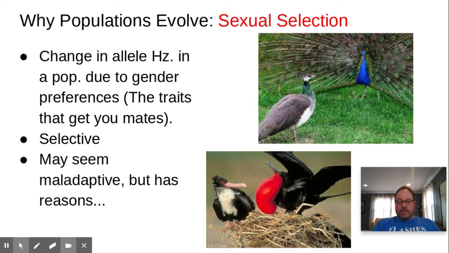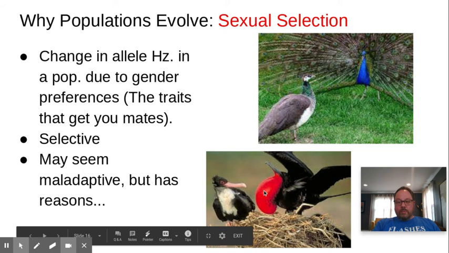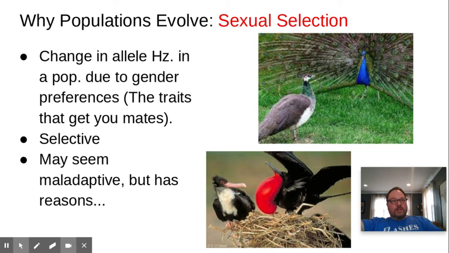Or here, in the case of these frigate birds, what males will do is stand on the ground and inflate this red pouch, it's about the size of a volleyball, and they'll spread their wings and do this sort of dance to try and attract females and say, hey, look, I can support this big, poofy pouch.